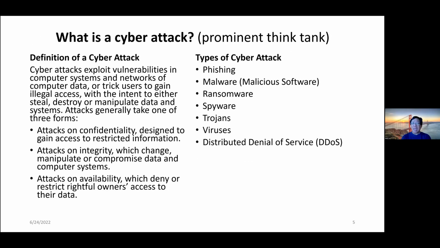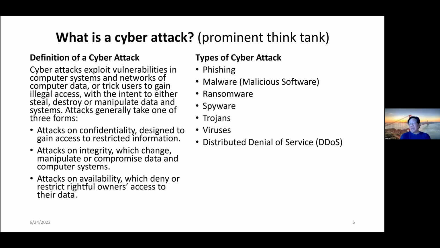A prominent think tank defines a cyber attack as an attack that takes one of three forms: attacks on confidentiality, on integrity, on availability. That starts getting into the classic definitions of cybersecurity and information security. Then it talks about different types of cyber attack.